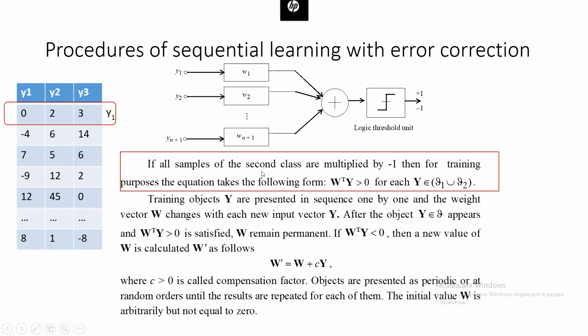If all samples of the second class are multiplied by minus one, then for training purposes the equation takes the following form. So all projections should be greater than zero for each element of both classes, 1 and 2.